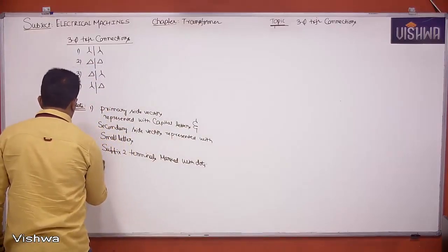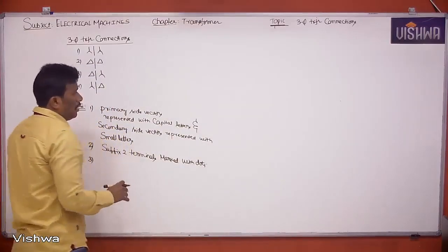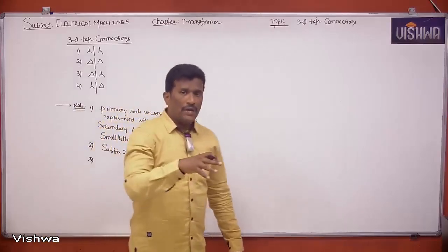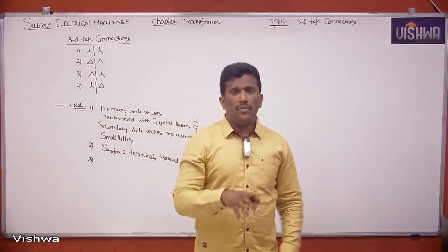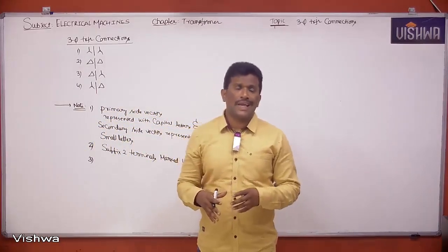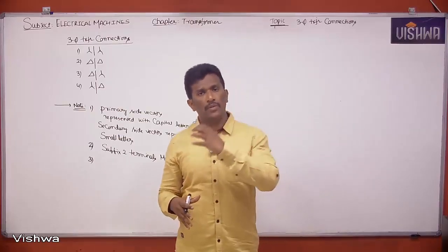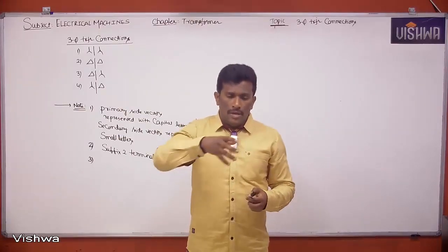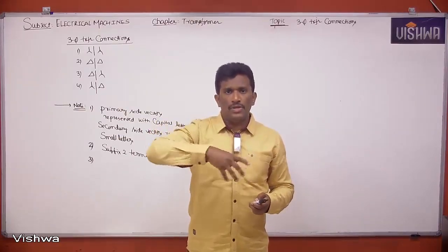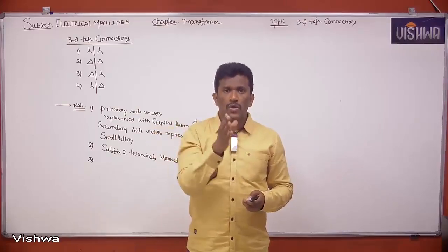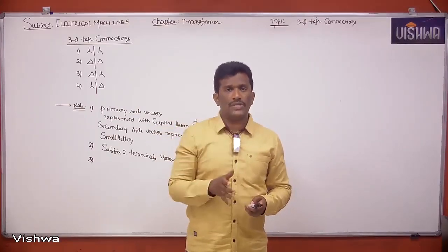And third one, after the connection is completed, we are going to compare the secondary line voltage with the primary line voltage by using a clock. In that clock, 2 o'clock is the reference for us.